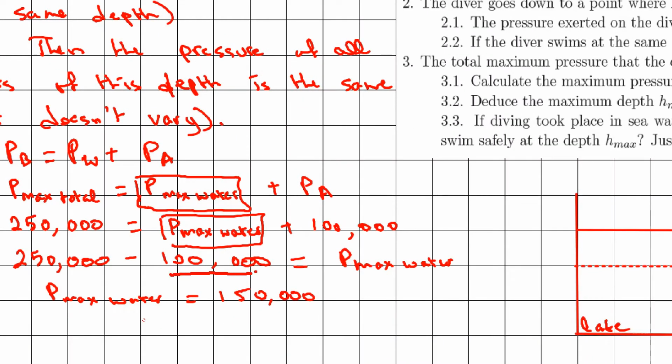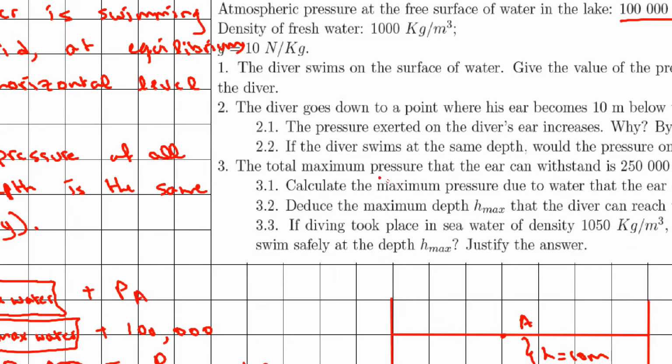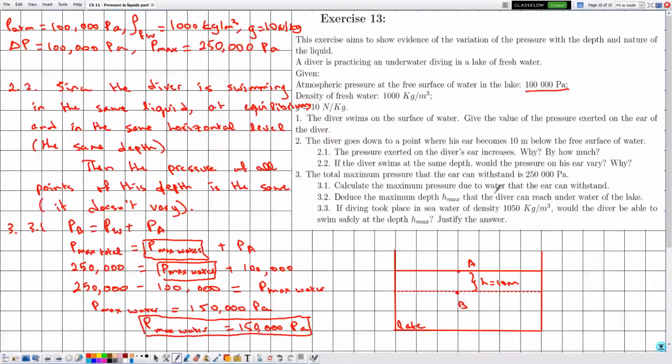Since these values are expressed in Pascal, P max water will be in Pascal, which is the SI unit of pressure. Then P max water is given by 150,000 Pascal. So what does this value represent? The maximum pressure, not the total pressure, but the pressure due to water that the ear can withstand.